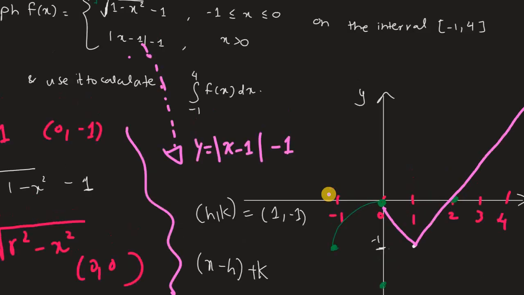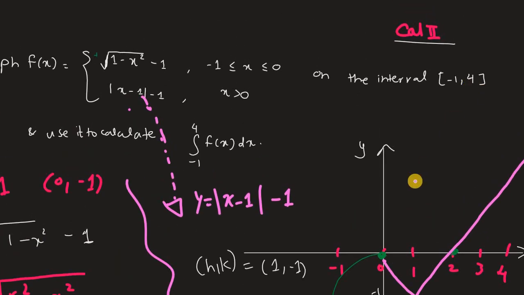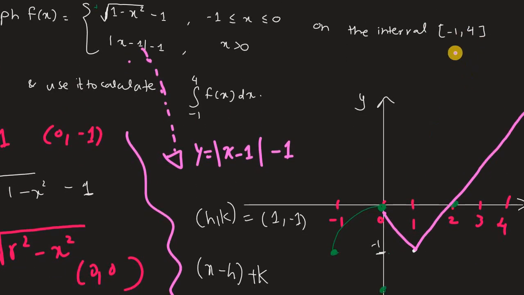We're going to stop it at 4, because the interval starts from -1 and goes up to 4. We don't need it after 4, so we can remove the part after 4. Only up to 4. So then this is our graph.